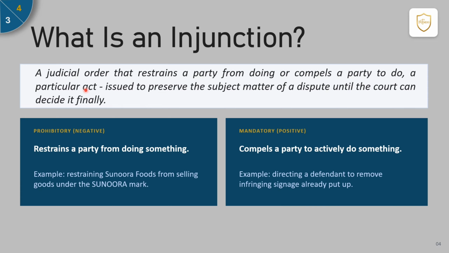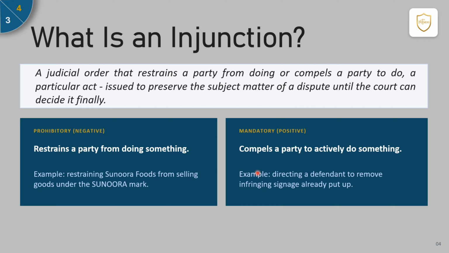A prohibitory or negative injunction restrains a party from doing something. This is what we were seeking in Sunoora Foods: stop selling the goods under the Sunoora mark. And a mandatory or positive injunction compels a party to actively do something, for instance, directing a defendant to physically remove infringing signage which has already been installed.